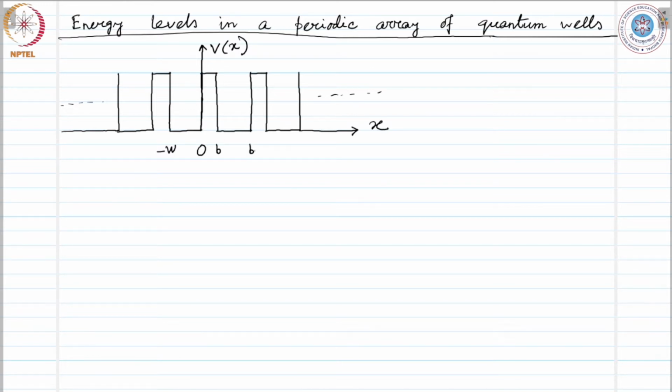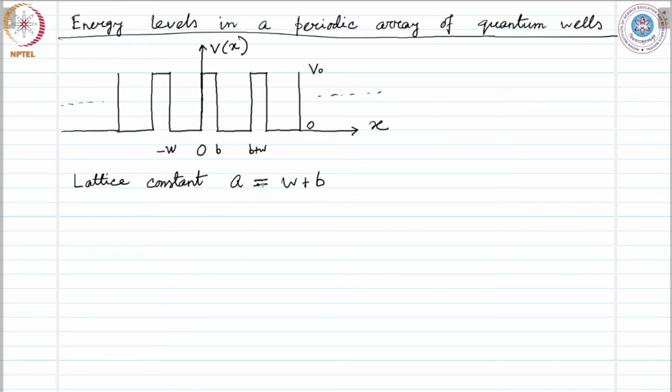Here x equals b plus w, and so on. The potential is 0 here and is V naught here. So the lattice constant for this kind of an arrangement would be a equals w plus b. A is the lattice constant.